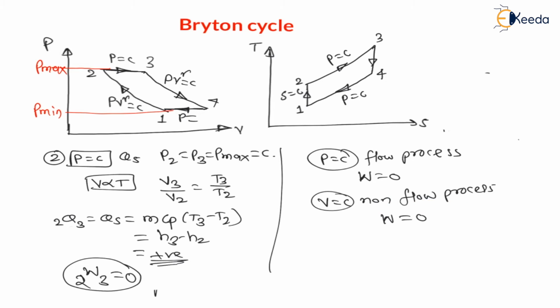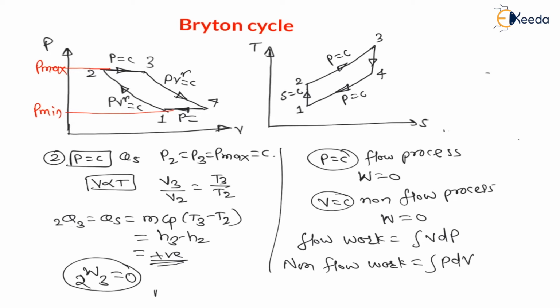Whenever process is non-flow, then for constant volume work is 0, and whenever process is flow process, then for constant pressure work is 0, because flow work is nothing but integration of VdP. Therefore, for constant pressure process, change in pressure is 0, therefore VdP is 0. And non-flow work is nothing but integration of PdV. Therefore, for constant volume process, change in volume is 0, that is dV is 0. Therefore, for non-flow processes, work is 0 whenever constant volume, right? As it is constant pressure and flow process, work of this process is 0, right?